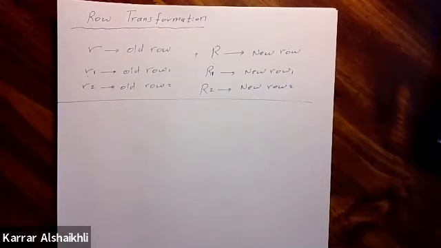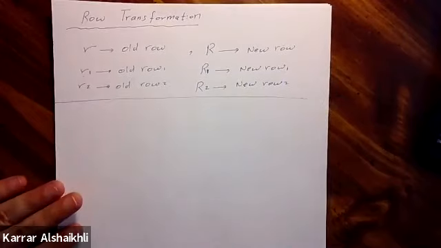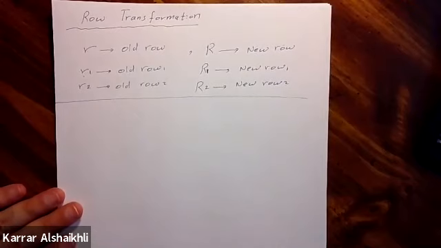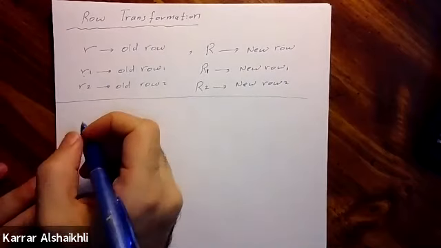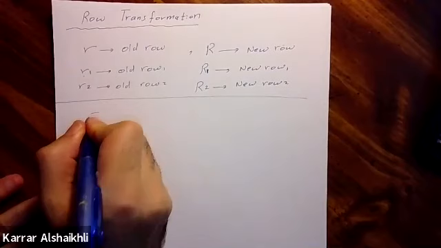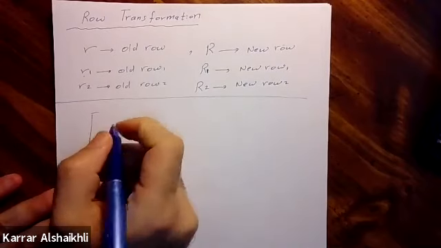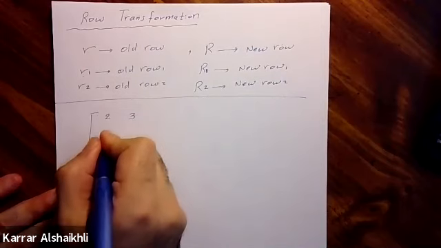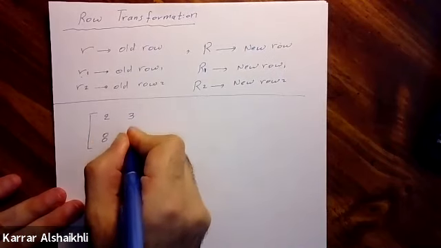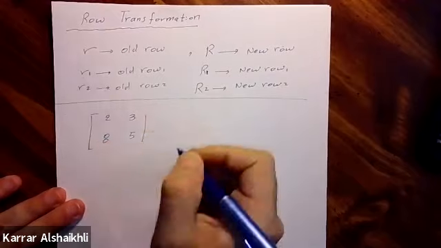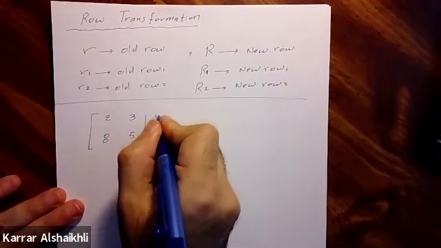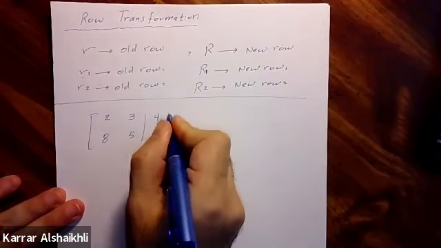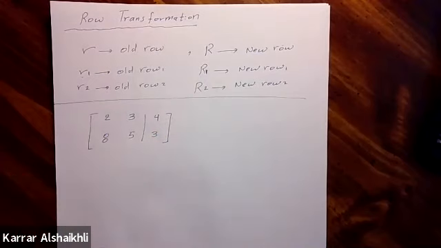For example, let's do an example about how to use the row transformation. If you have this augmented matrix with 2, 3, 8, 5, and here's the 4, 3. Here is the augmented matrix.